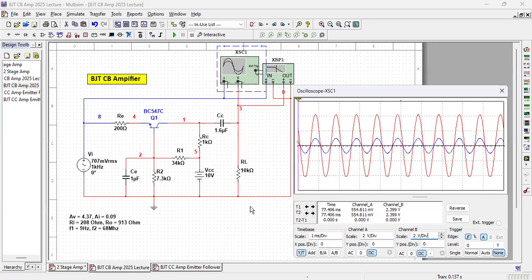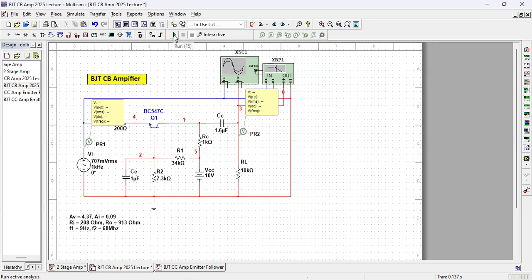So what we shall measure now is the gain. For that, we connect a voltmeter here and another voltmeter here and run it once again. We close this oscillogram and run it once again till values appear.